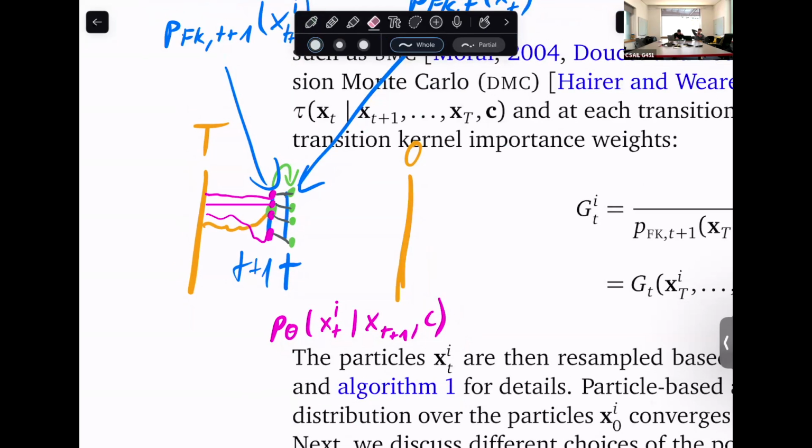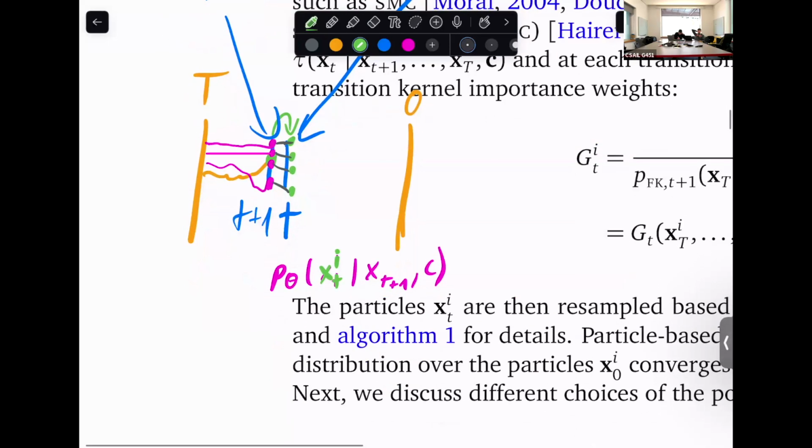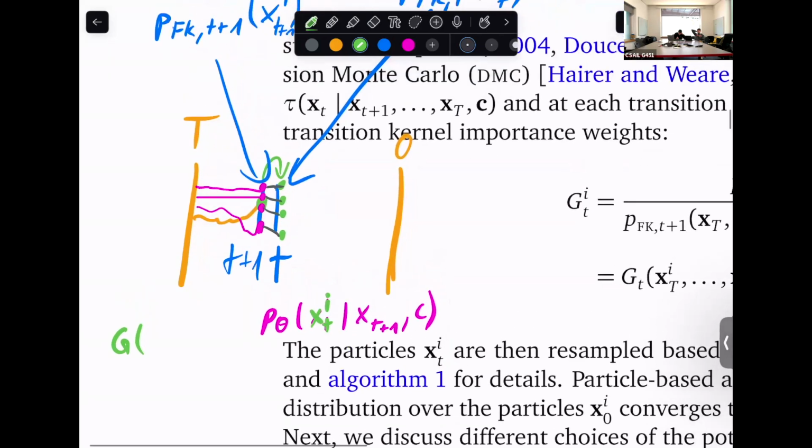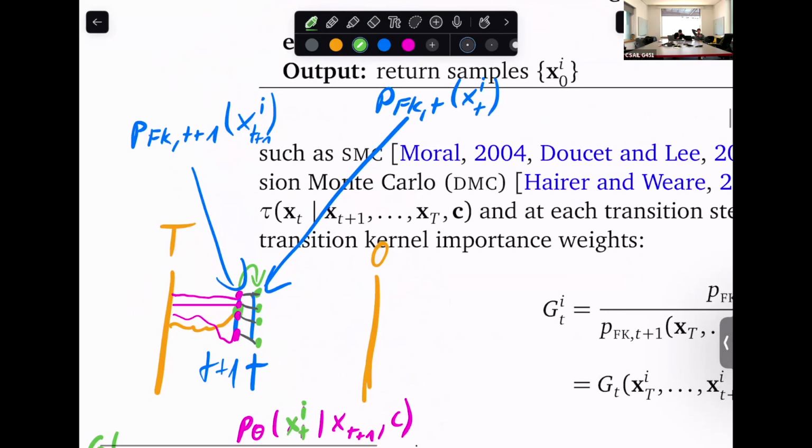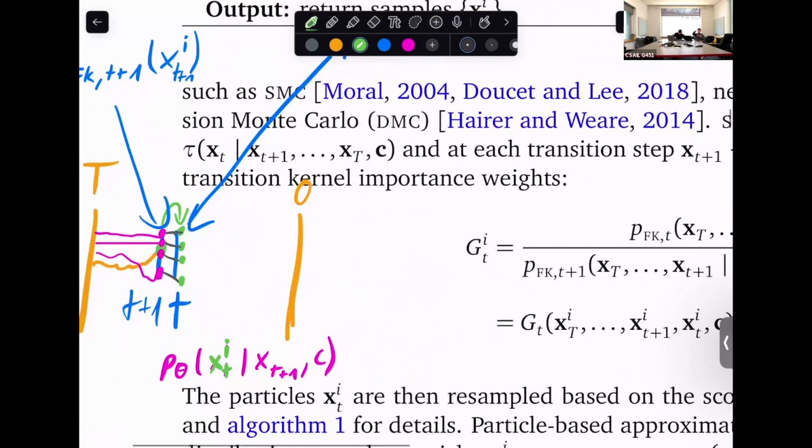Now we've sampled these green particles from this transition kernel, and what we're going to do is assign importance weights to them. These importance weights are essentially the importance weights of the unnormalized Feynman-Kac transition kernel over the transition kernel that we use. So this is what this display is giving us.